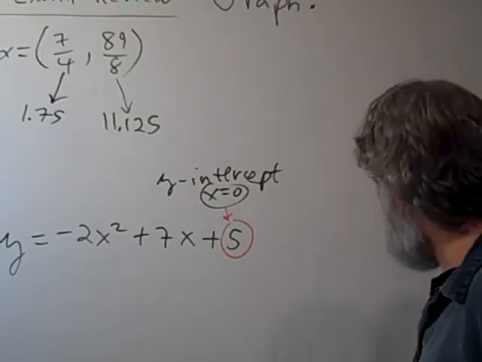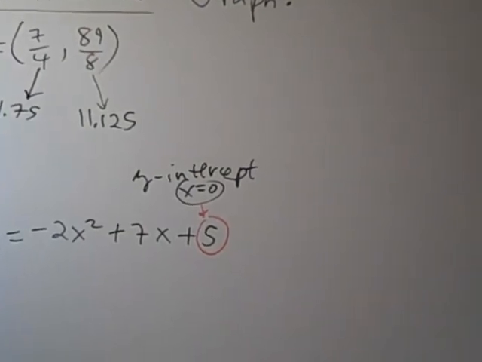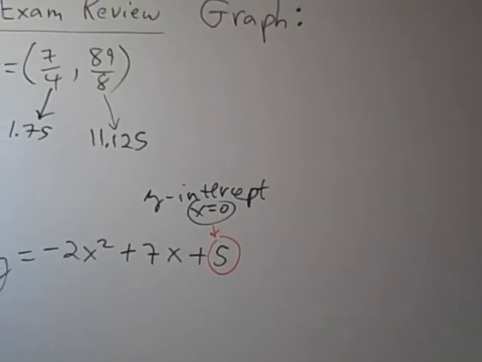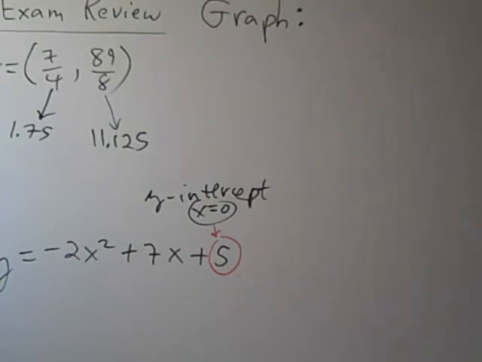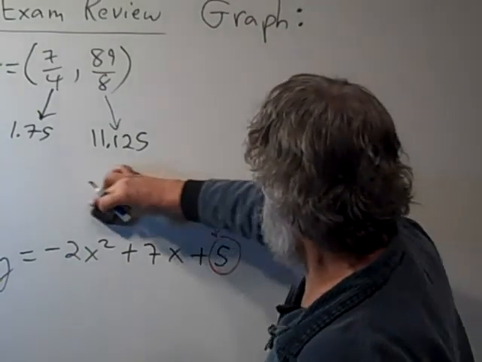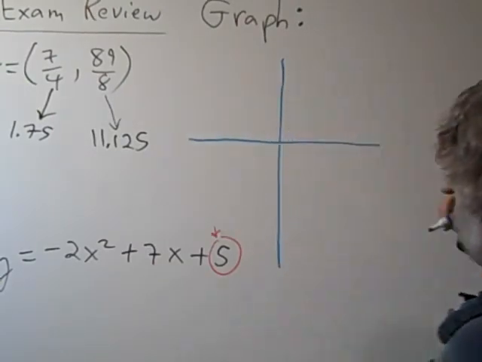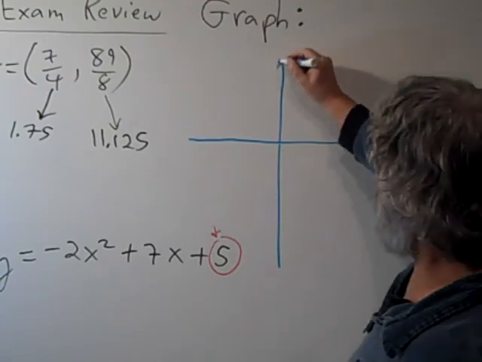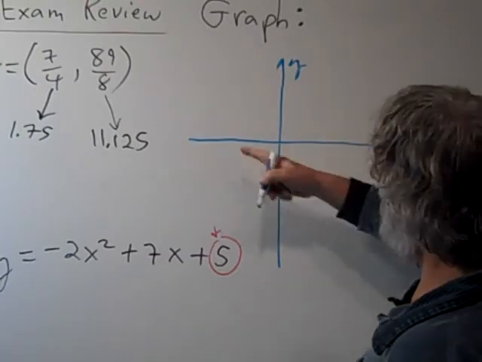So let's graph this. We now have enough information to graph this parabola. So here we go. The vertex is at 1.75 and about 11.125 up.